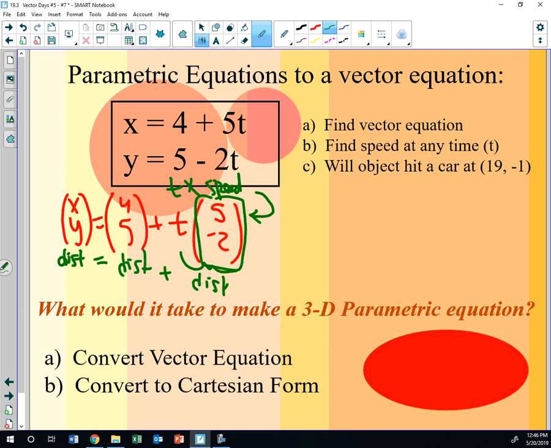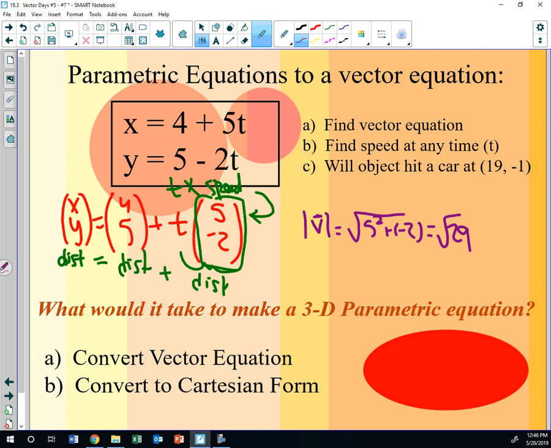And you can find it real easily by finding the magnitude of that vector. The magnitude of that vector is just going to be the square root of 5 squared plus negative 2 squared, which is the square root of 29 units per second or minute or whatever the time is.